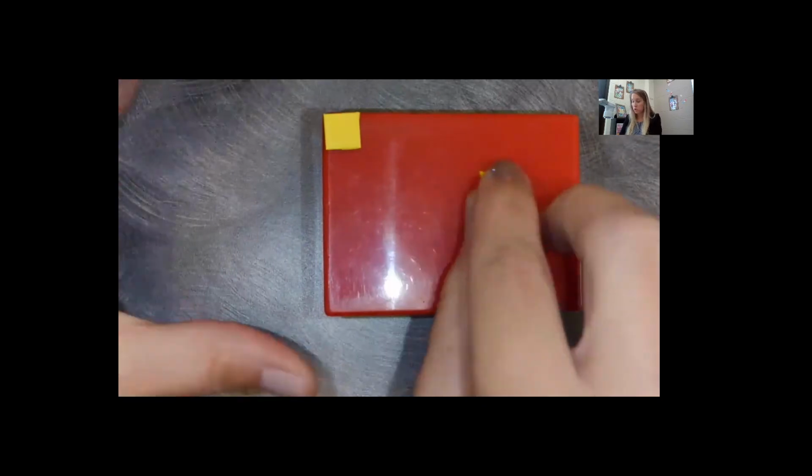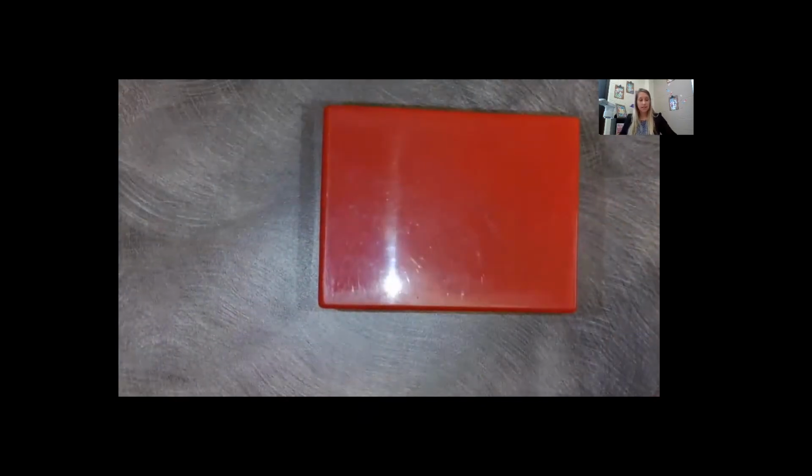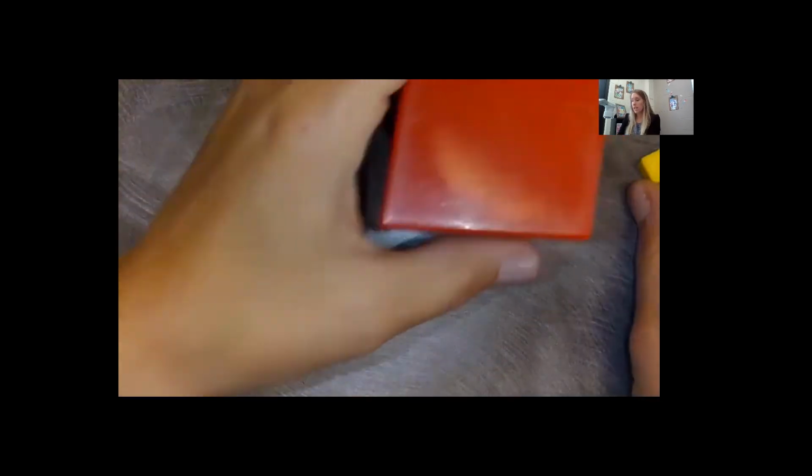I would see how many squares fit on there versus finding the space inside. Does anybody know what we would be measuring when we find the space inside that figure? We would be measuring volume. Volume is measured in cubic units.